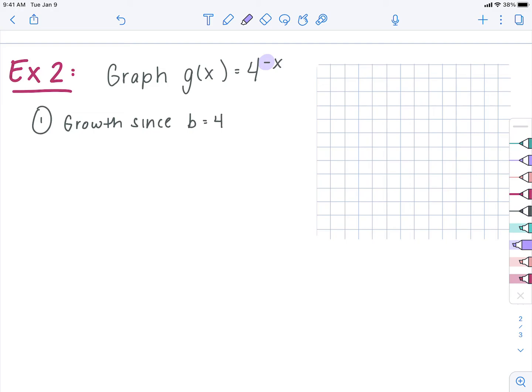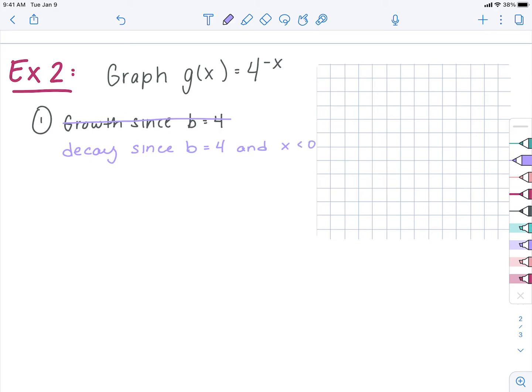So even though we immediately wanted to look at that and say it was growth since b equals 4, we don't want to be tripped up. It's really decay since b equals 4 and x is less than 0.